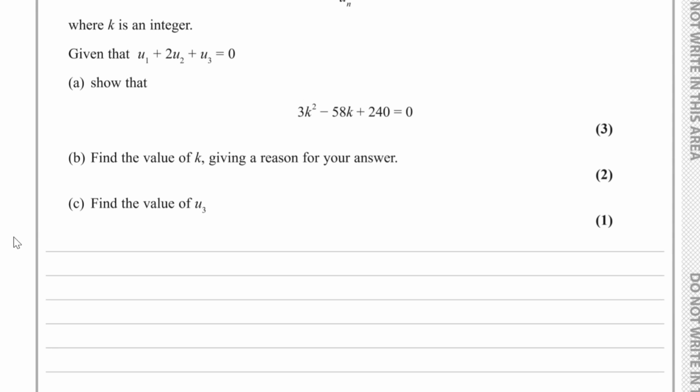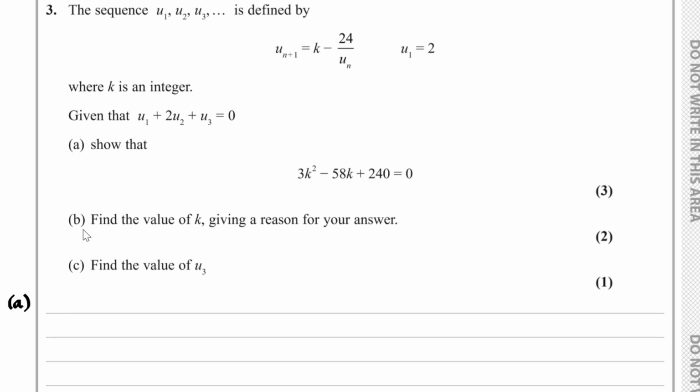So, for part A, we begin with U1 equaling 2.